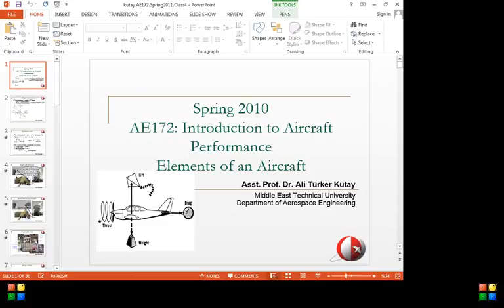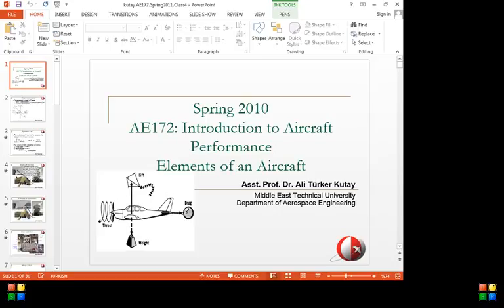Okay, so the question is if the ailerons are the only devices that create roll motion. Well, they are the main control devices for rolling control. That means they are the most effective, but you can make roll control using some other devices as well. Spoilers can be used for that.